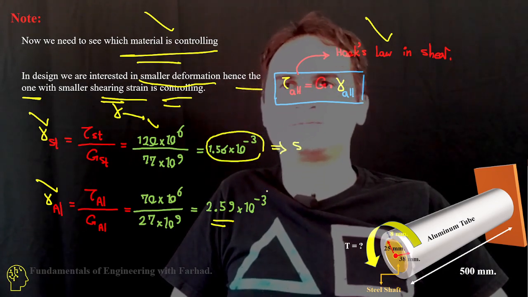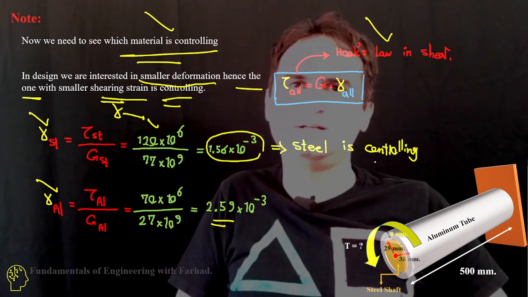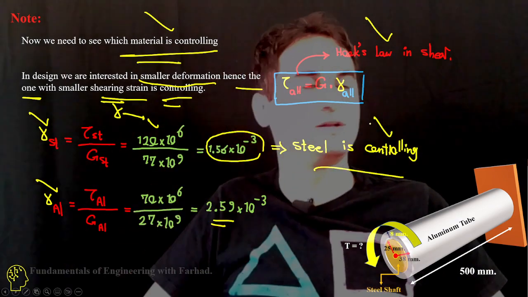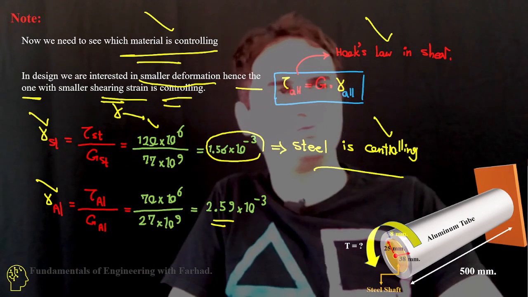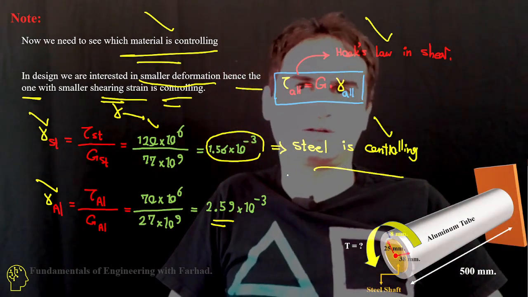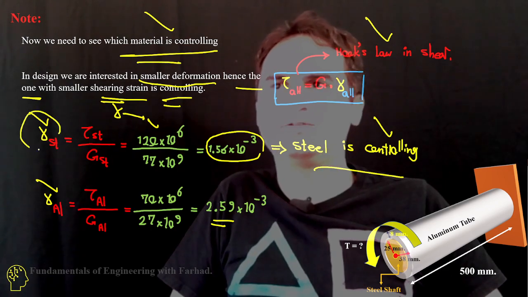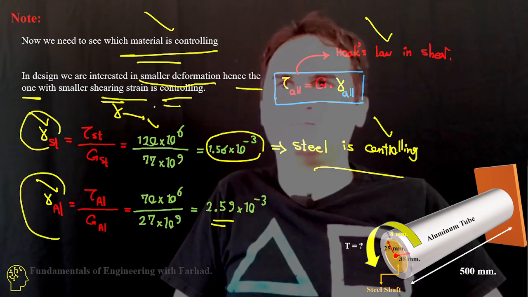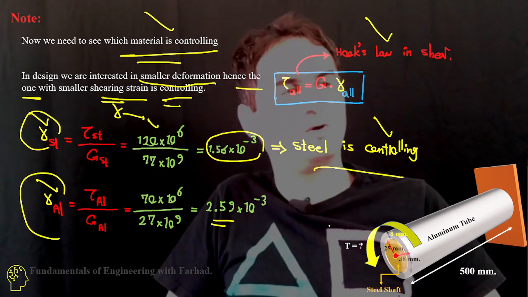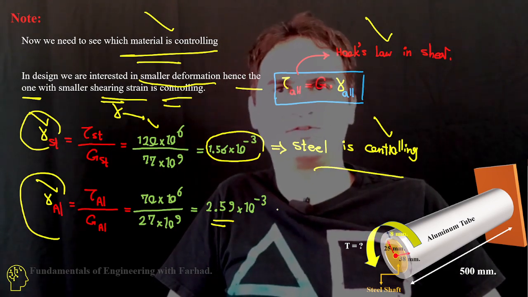So definitely the smaller one is steel, so steel is controlling. Even this one is easier because we don't make any assumption. We just directly calculate gamma, the shearing strain, for each of them, and the smaller the strain, the controlling the material.